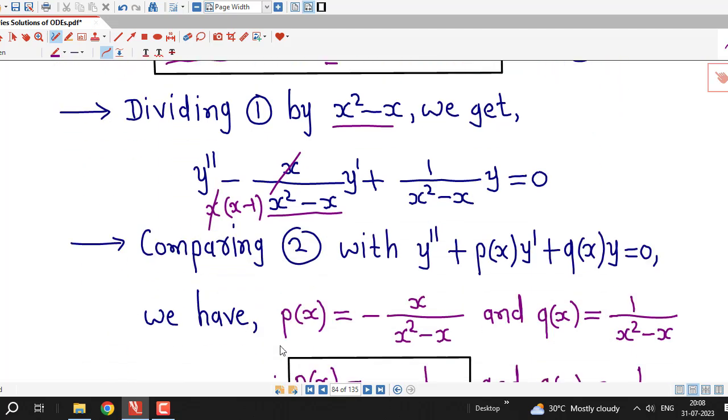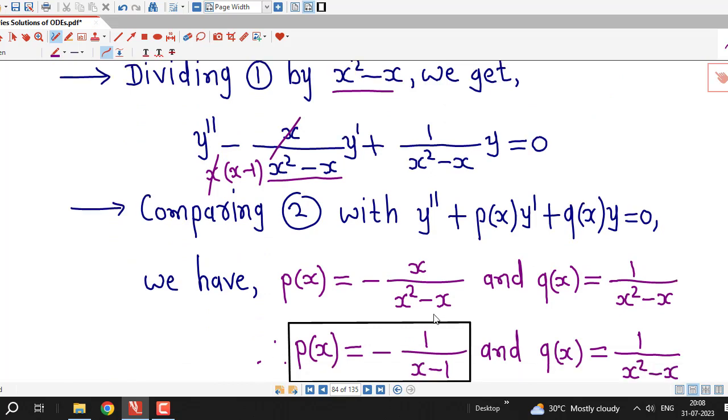We are comparing this equation with the standard form, and we find px equal to minus x over x square minus x, and by cancelling x from numerator and denominator we have px equal to minus 1 divided by x minus 1, and this quantity is qx.